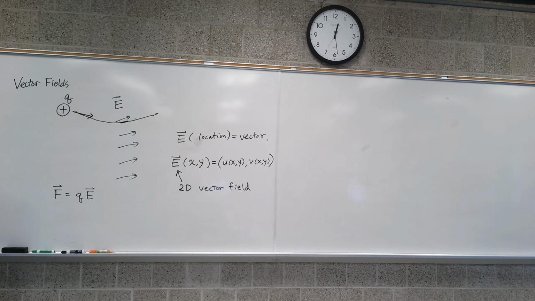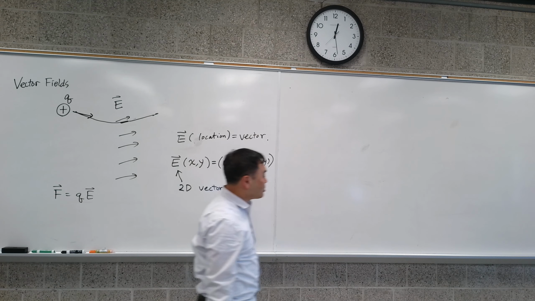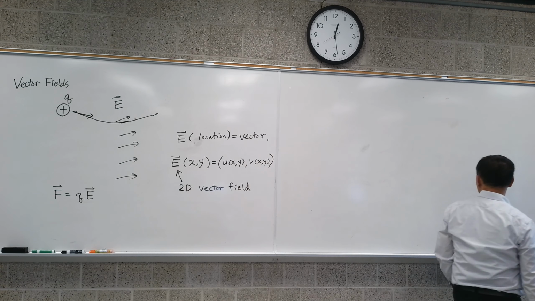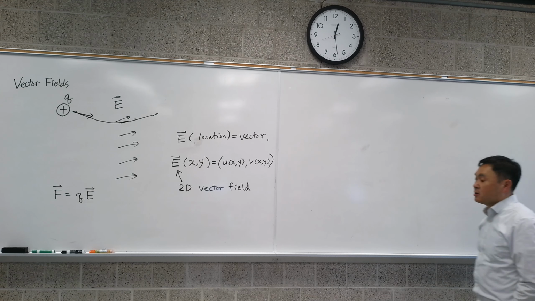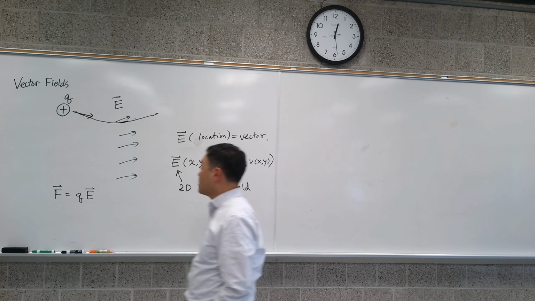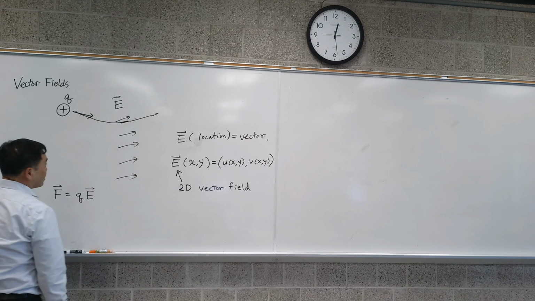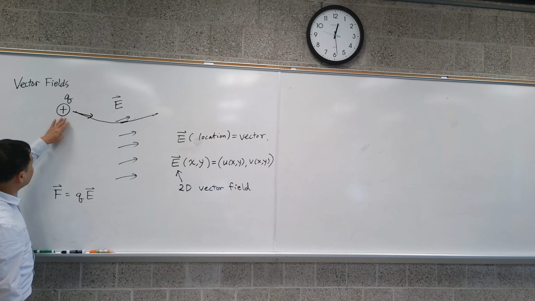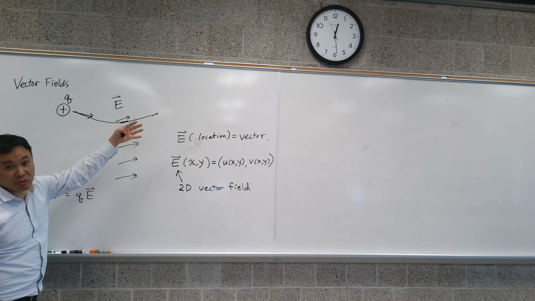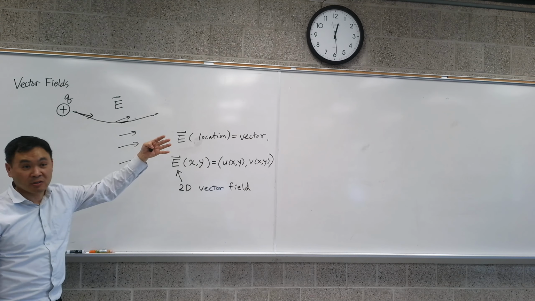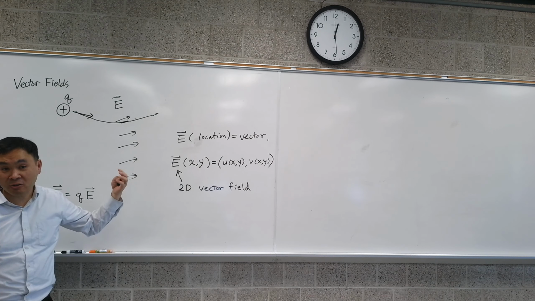Now, one of the common things that you want to address is what will be the amount of energy gained by this particle as it goes through this vector field, right? I mean, it's going to speed up, so the kinetic energy will be increasing.